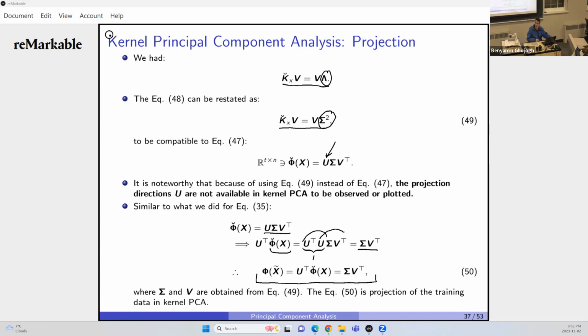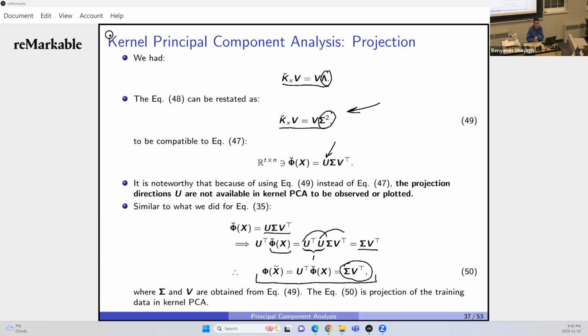But how do I find sigma and V? I don't find them by singular value decomposition of phi. Although I use singular value decomposition for proof, I calculate sigma and V by the eigenvalue decomposition of the double-centered kernel matrix. As you see, its linear projection is very similar to the linear projection in dual PCA.